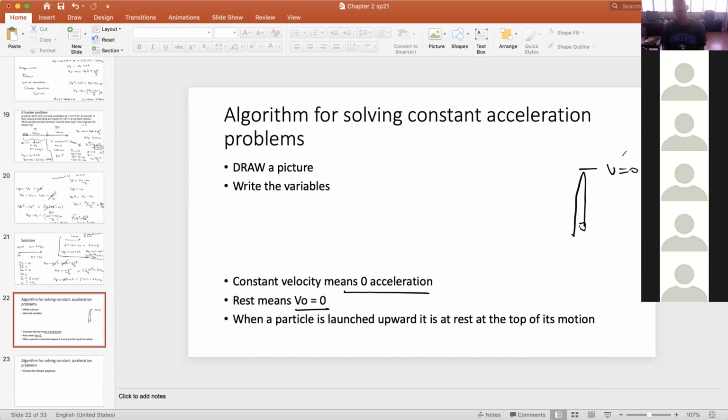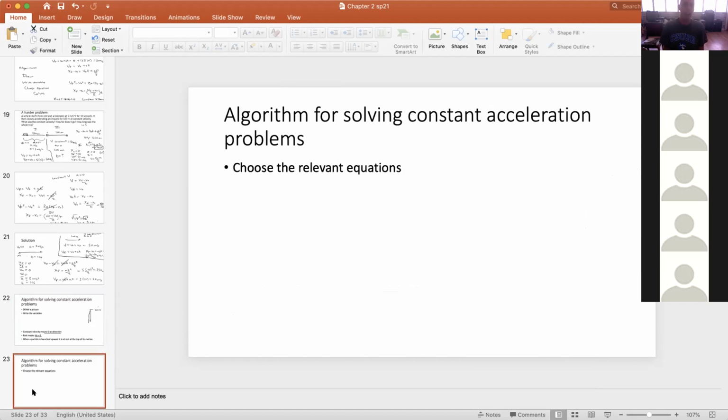So if you throw a football or baseball or a pen up in the air, it momentarily changes direction and comes back the other way. At that instant, the velocity is 0. That's really useful. You'll see in a minute, but we'll get there.